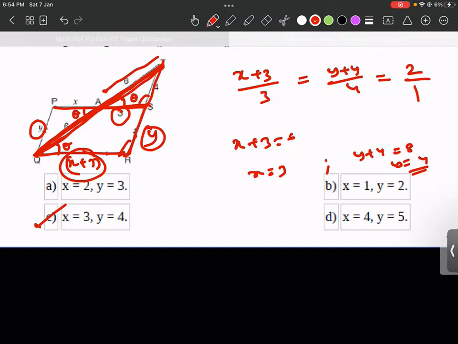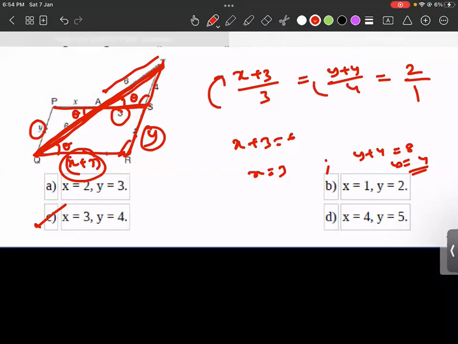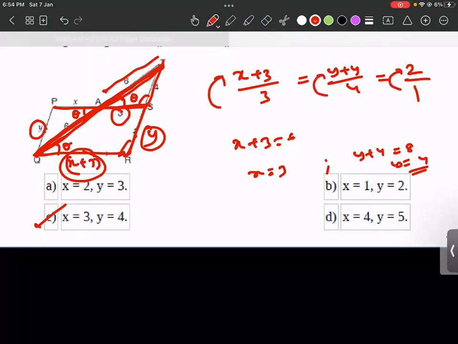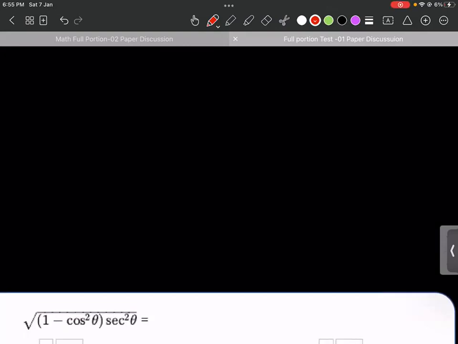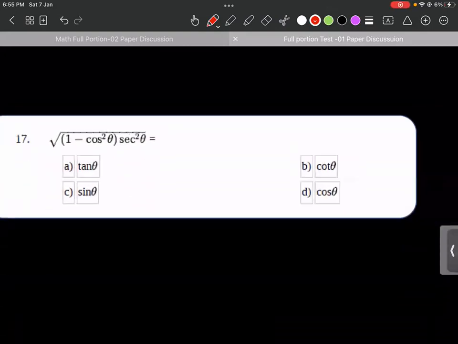See, you are exactly telling me the reverse of it. 4 by 4 plus y is equal to 1 by 2. I wrote 4 plus y by 4 is equal to 2 by 1. Both are the same, no? Yes, sir. So what you did is right only. You would have got this answer only. X is equal to 3 and y is equal to 4. Okay.